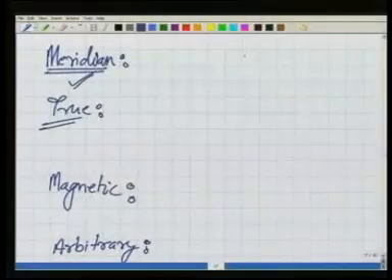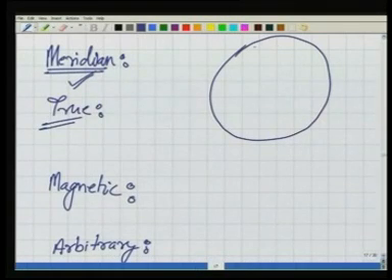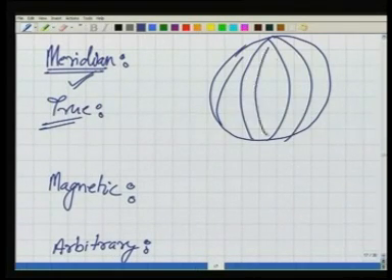For a small survey, for example, because our earth is like this, all these true meridians will converge at the poles. But for a very small survey area, we can consider the true meridians to be parallel. For example, here there is one true meridian over here, another one here, another one here.